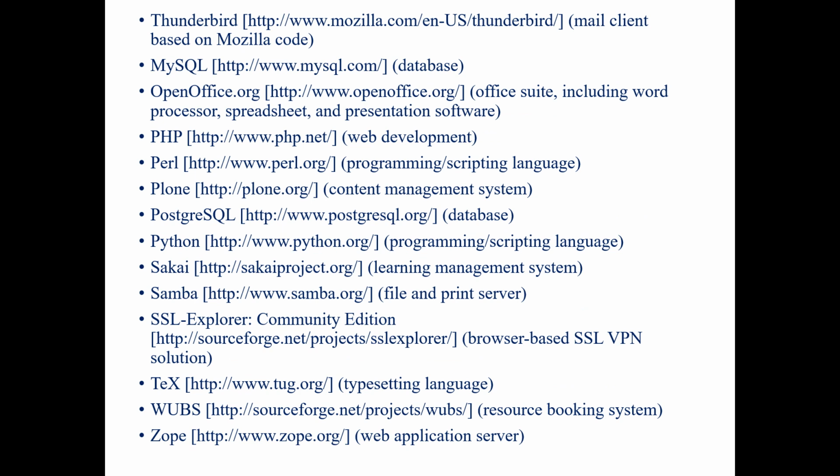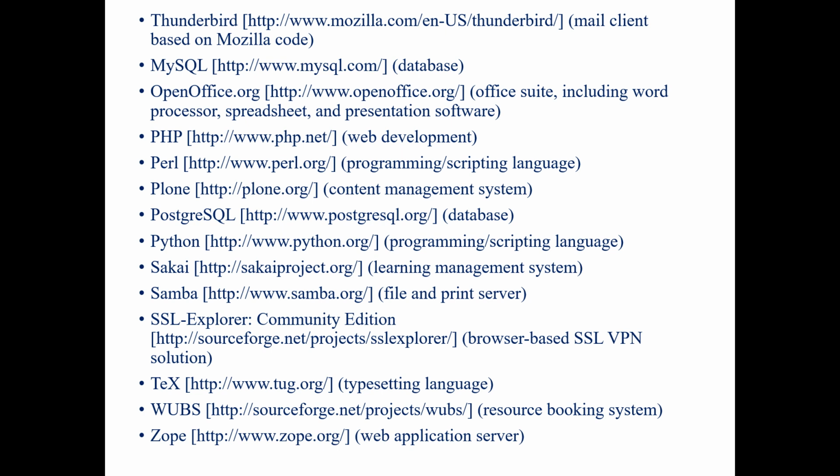Thunderbird is also there. MySQL is one of the famous databases. People use MySQL, Apache server, and PHP together; it is called a WAMP server, and it is free of cost. OpenOffice lets you create word documents, spreadsheets, and presentations. Perl is one of the scripting languages, also absolutely free. Plone is a content management system. PostgreSQL is also a database.